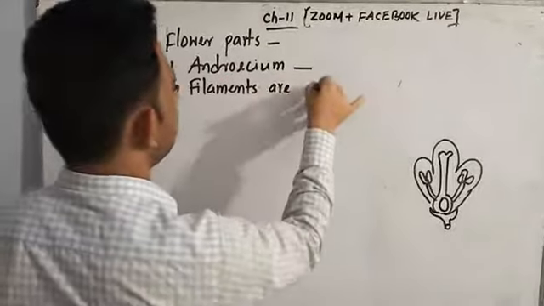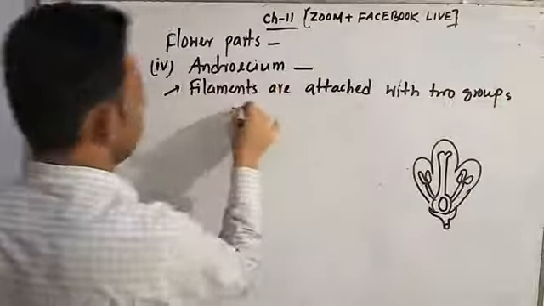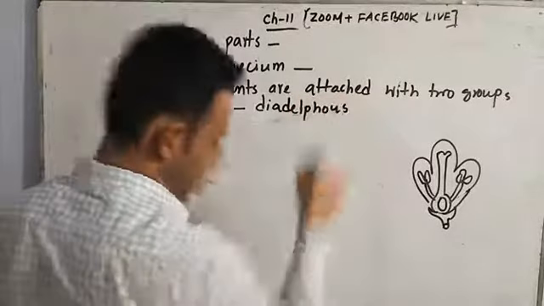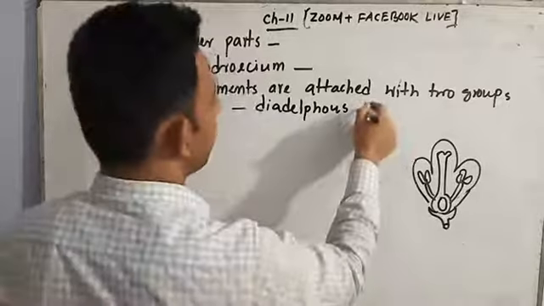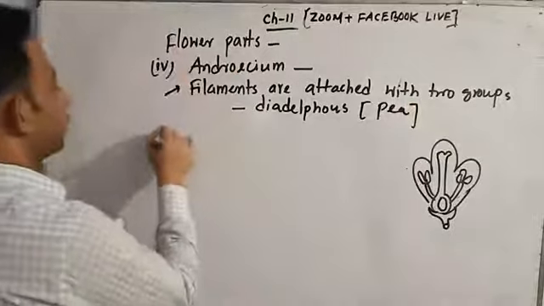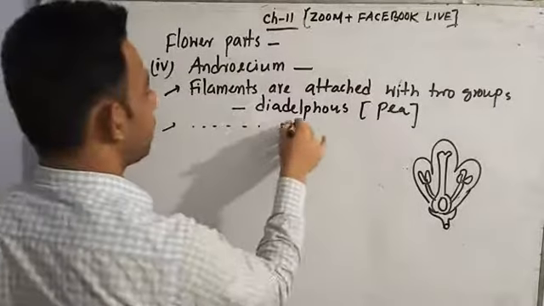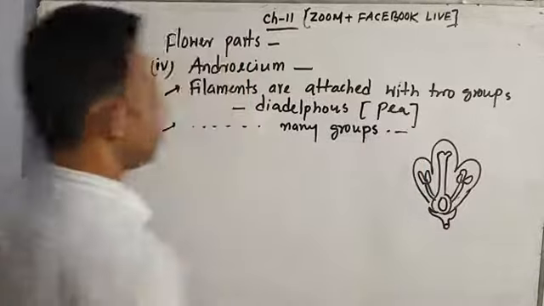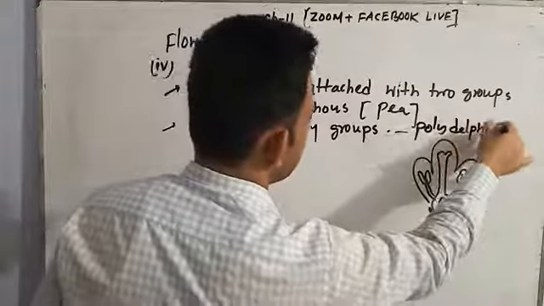If filaments are attached with two groups, it is called diadelphous, and the example is pea. If the filaments are attached with many groups, it is called polyadelphous.